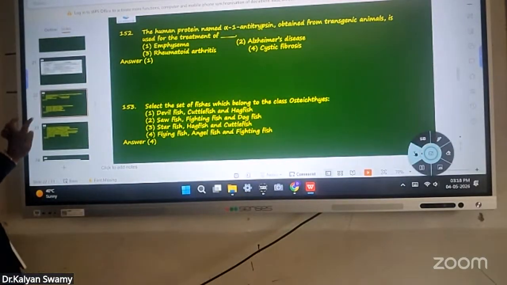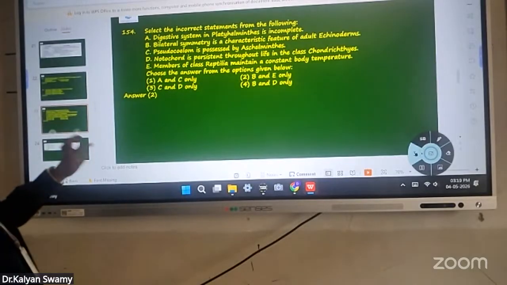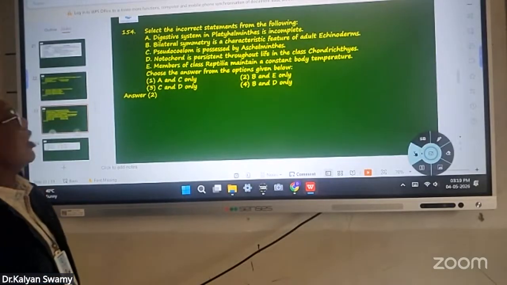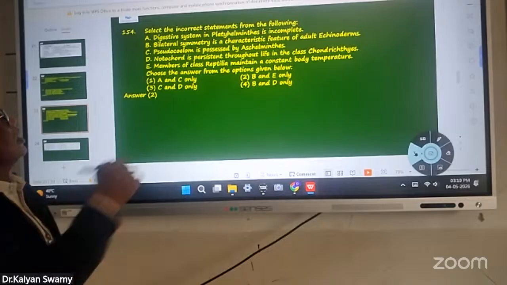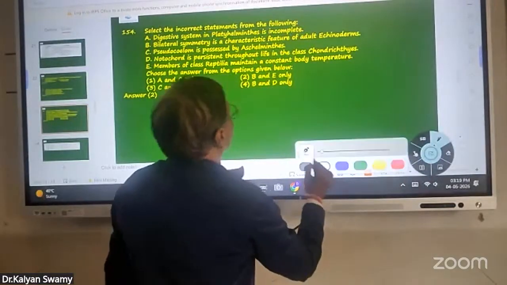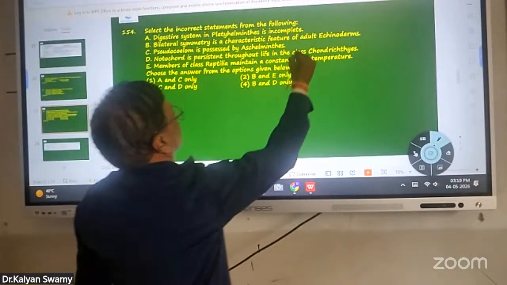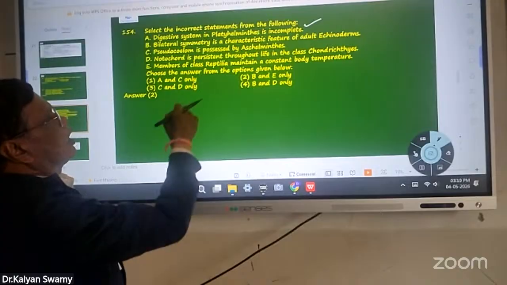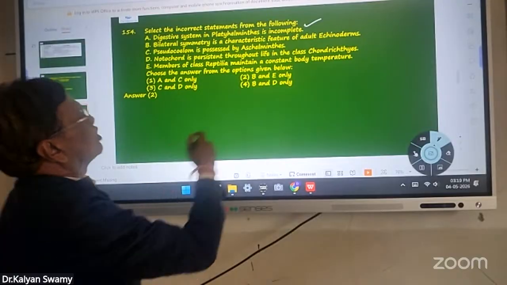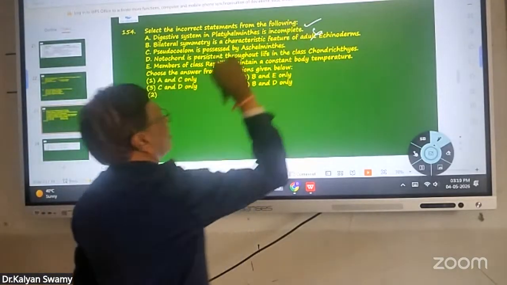Okay. Then coming to the next question. Here with regard to the general animal kingdom, a general statement related to all phyla. The digestive system in flatworms is incomplete. Bilateral symmetry, and the calcareous ossicles of adult echinoderms are various.